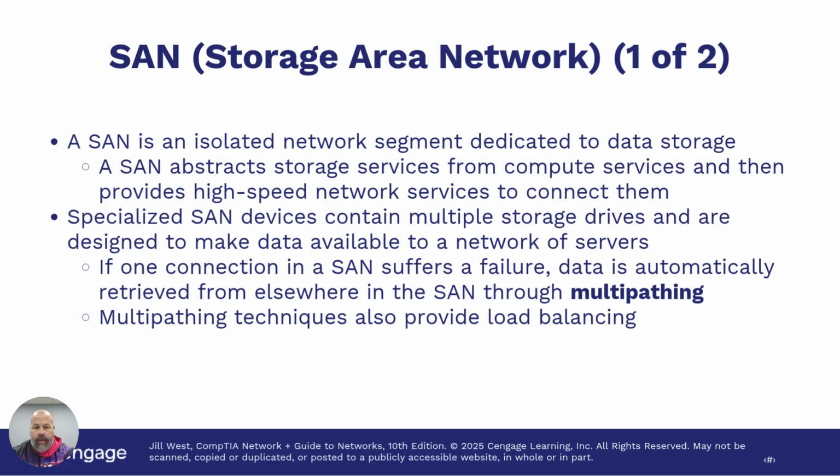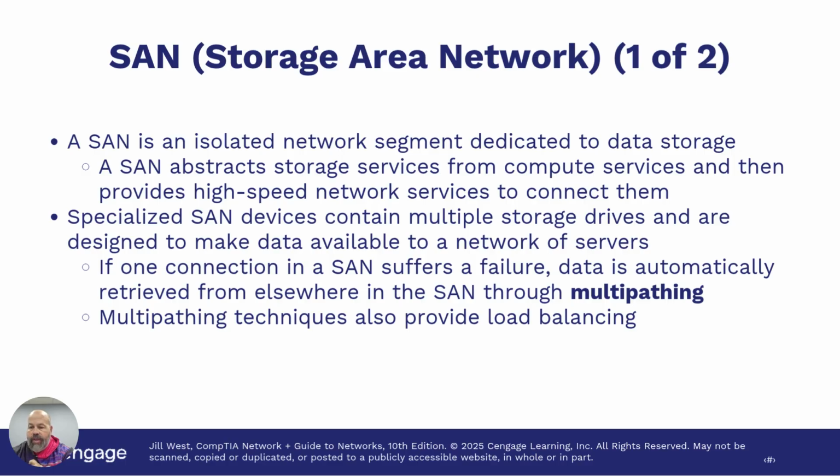So we're going to take a look at storage area networks. They're basically a private highway built specifically for data storage. Imagine if your city built special roads that only delivery trucks could use. That's what a storage area network does for data. It separates storage from regular computing and connects them with high-speed links. Storage area network devices are like those massive warehouse systems that Amazon uses.